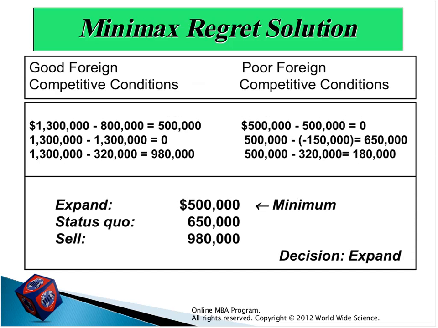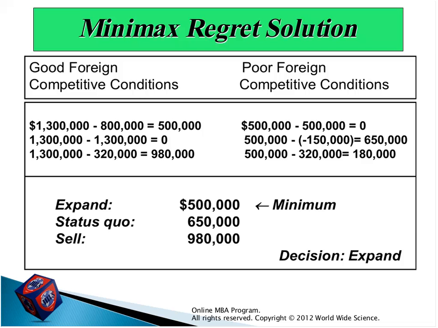Then you should subtract each of the numbers for each decision from the maximum number. 1,300,000 minus 800,000 produces 500,000. This is the new result for expand, and it is different from the 500,000 that was for poor foreign competitive conditions. They are completely different, and you shouldn't confuse them. 1,300,000 minus 1,300,000 produces 0, and we repeat for all of the decisions.